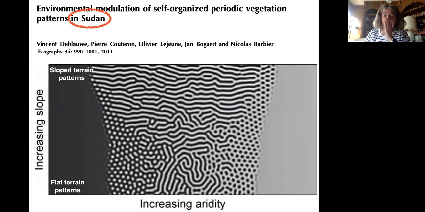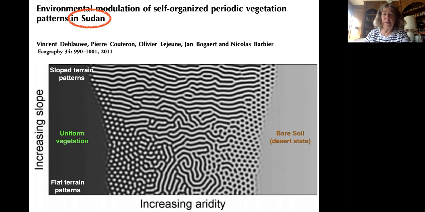Okay, so what I want to do now is turn to observations. And in particular, I want to go back to this paper that I showed earlier about the different patterns. And I was just mentioning it as if it were a modeling study, but in fact, it's an observational one. So this is about this study in this region in Sudan.